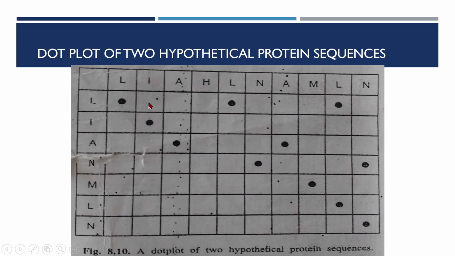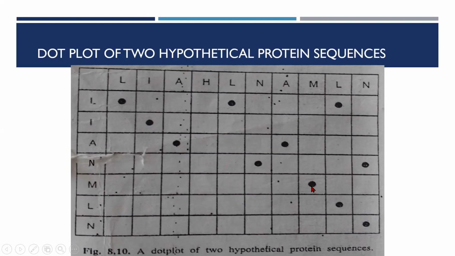If there are consecutive identical characters in the sequences being compared, for example, here LIA and here again LIA, there are three consecutive characters identical in these two sequences. Consecutive identical characters form diagonal lines of dots.